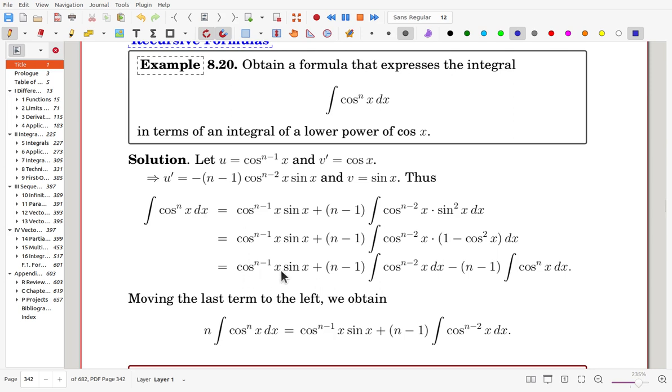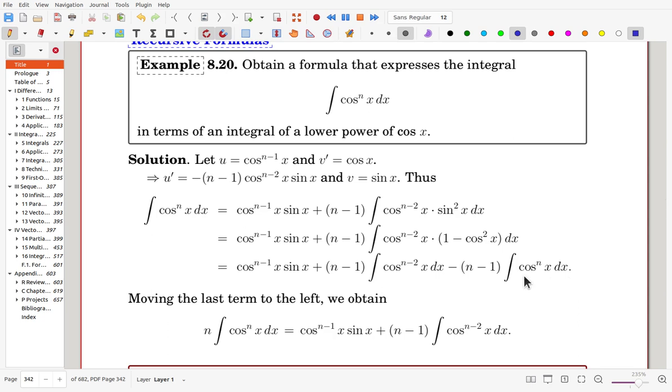That one is the same, along with 1 here, now cosine power n minus 2 dx, and the second portion is now with this negation, n minus 1 and cosine to the n x dx. So we have that term and another term.